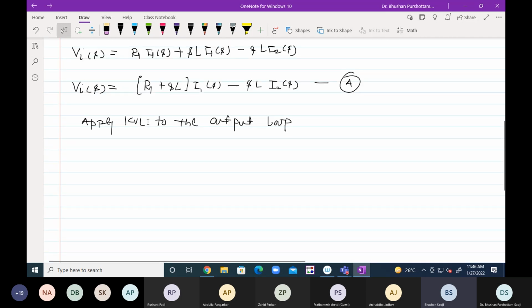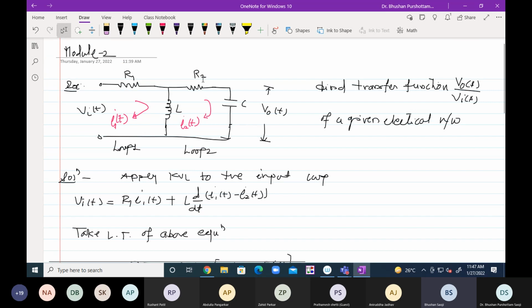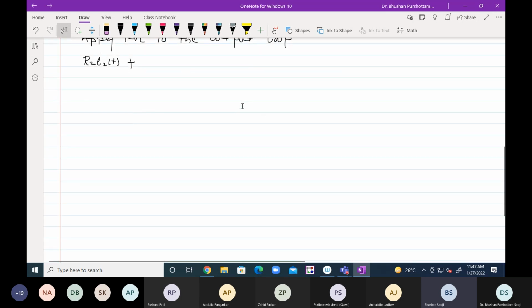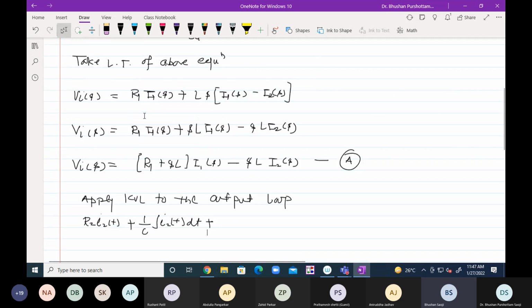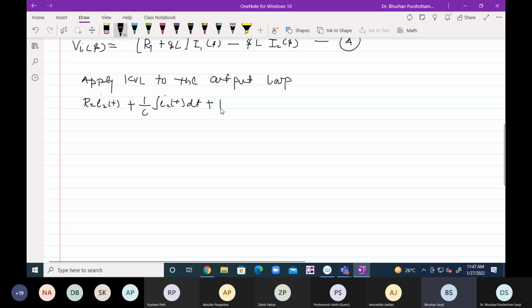So after applying KVL, we have the equation R2 I2 of t, plus 1 by C integration of I2 of t dt, plus L d by dt in bracket I2 of t minus I1 of t, equals 0.